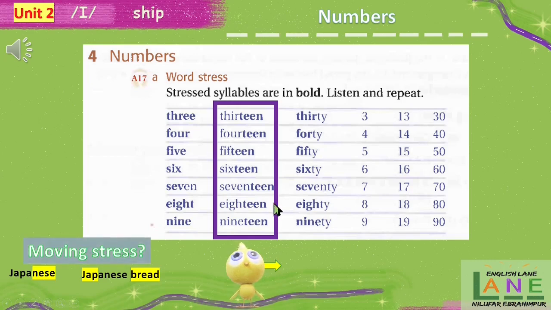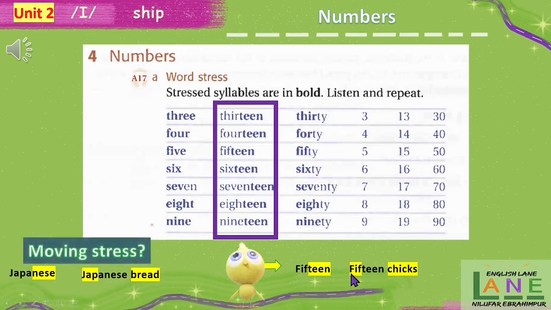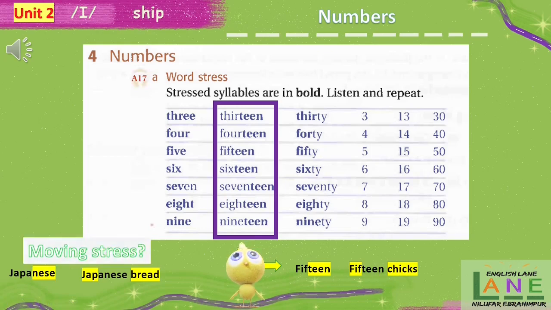Chick, and use one of these numbers. For example, 15. How many chicks? 15 chicks. See? The stress got moved because this one is strongly stressed, and we don't want stressed syllables next to each other because it's hard to say them.